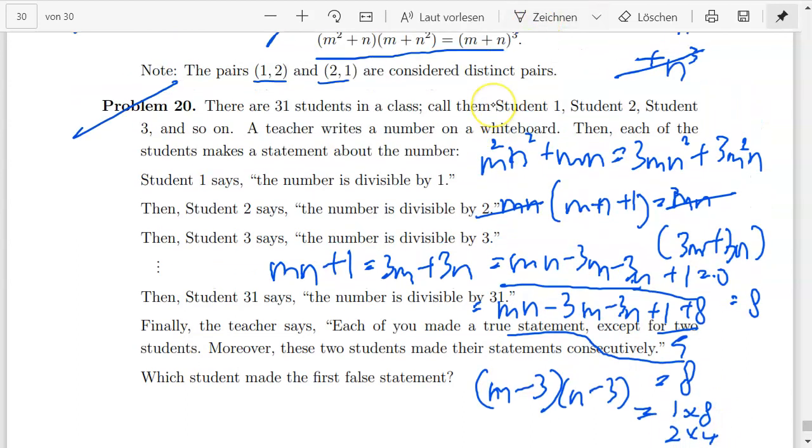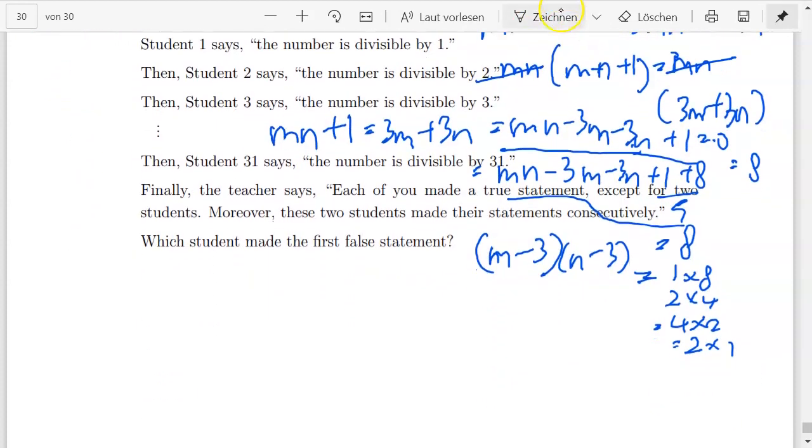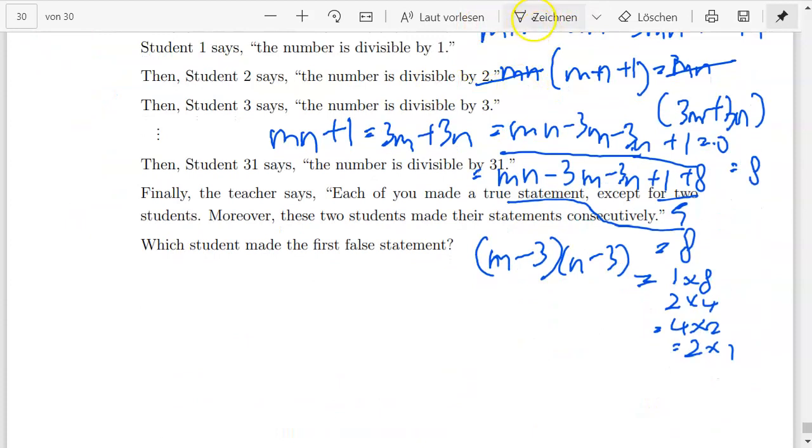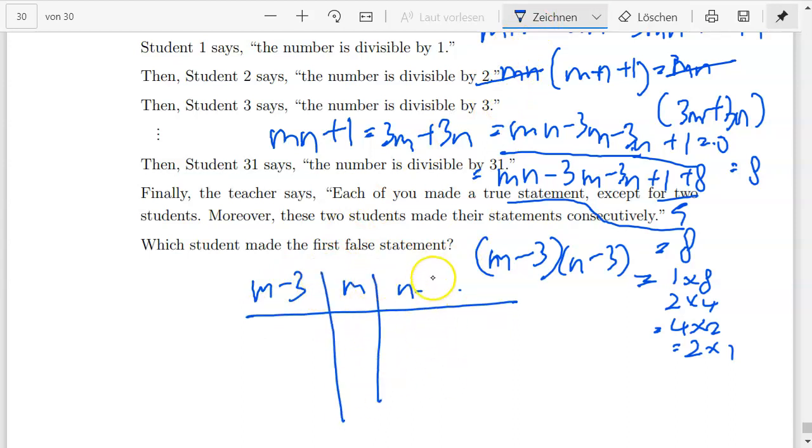Okay, so what do we have over here? The number of pairs of m and n that satisfy question 19. Sorry, I just wrote the wrong number. So we'll draw a table over here: m minus 3, m, n minus 3, and n. For m minus 3, in the first case there's 1, and then we have 8, so here we have 4 and then 11.